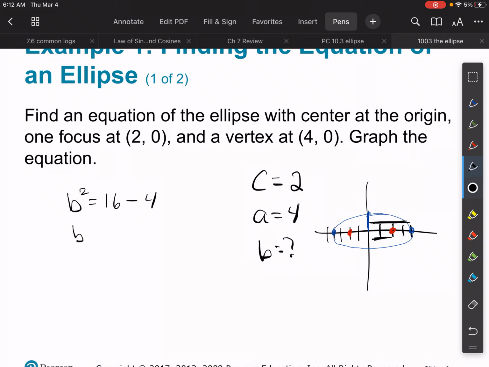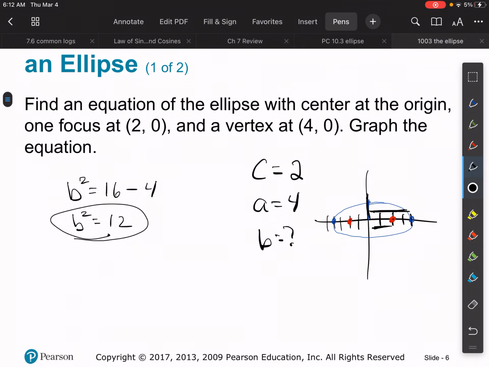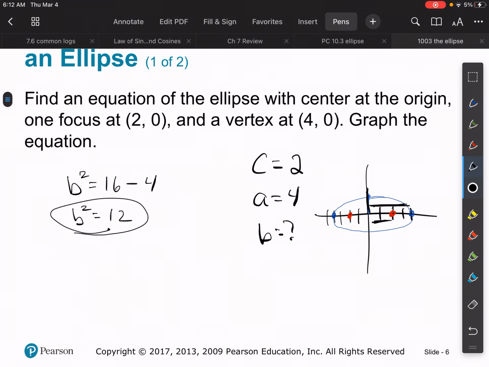So b squared is equal to 12. And really that's all I need to know. If you wanted to graph this, you would take the square root of 12 and you'd know how far to go from the center in the vertical direction. Now that I know this, I can write my equation.